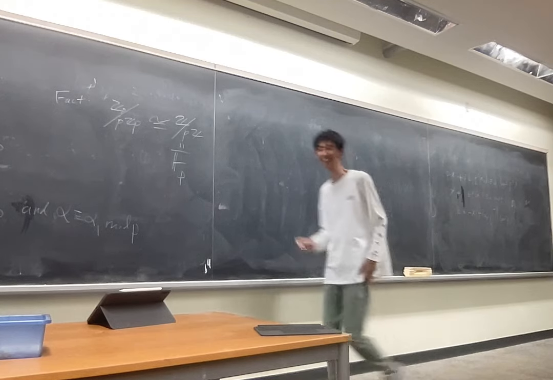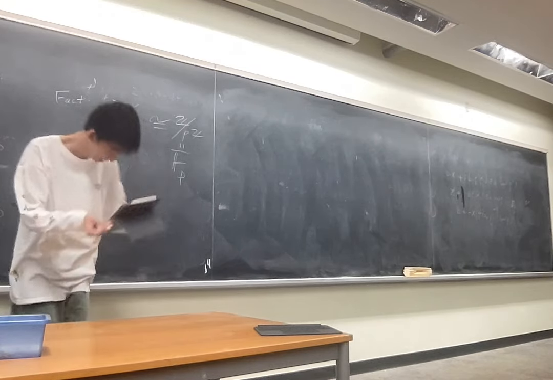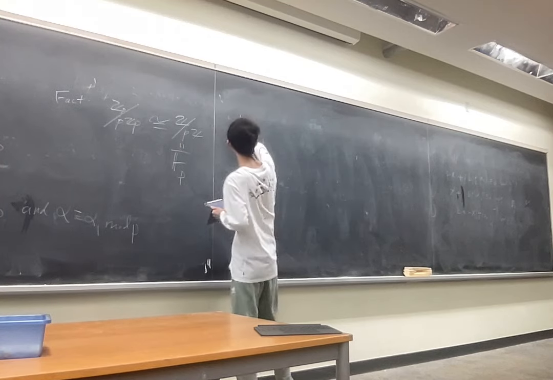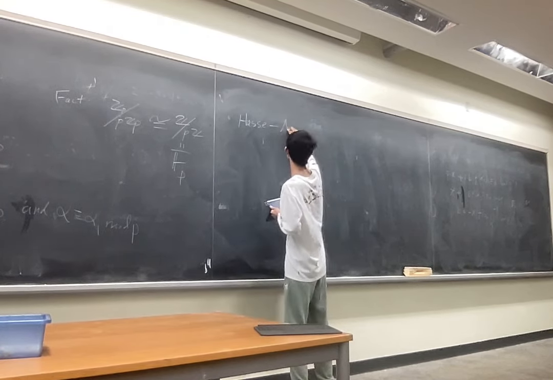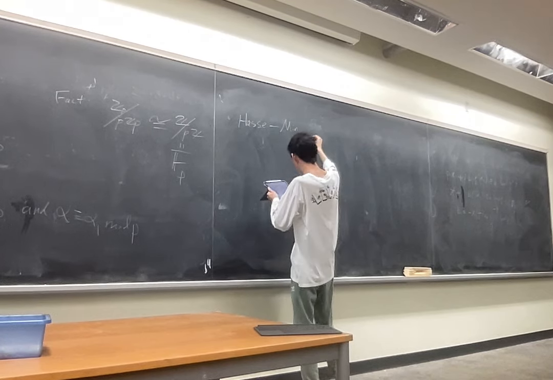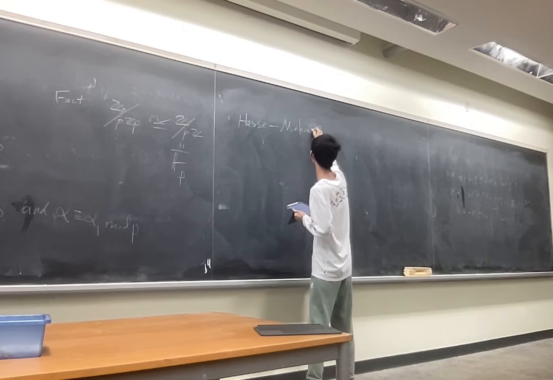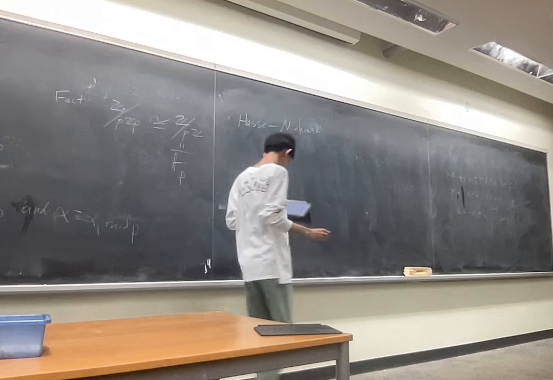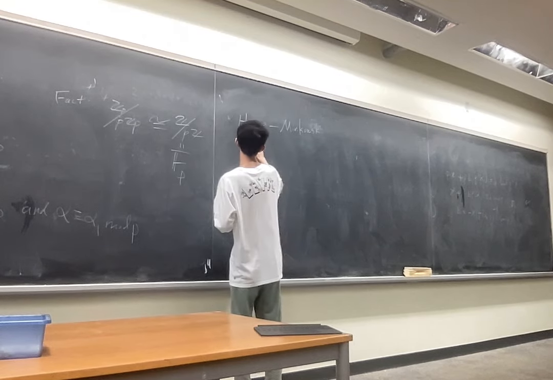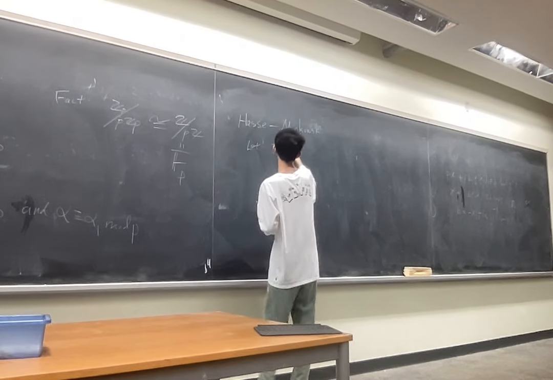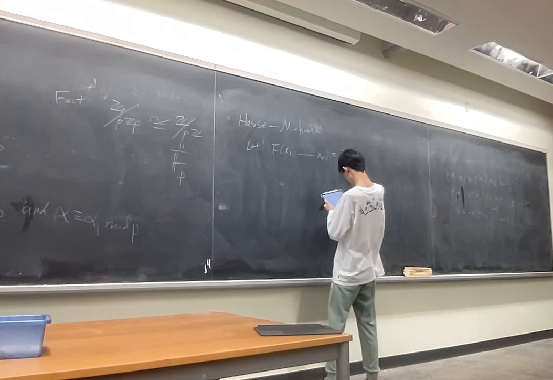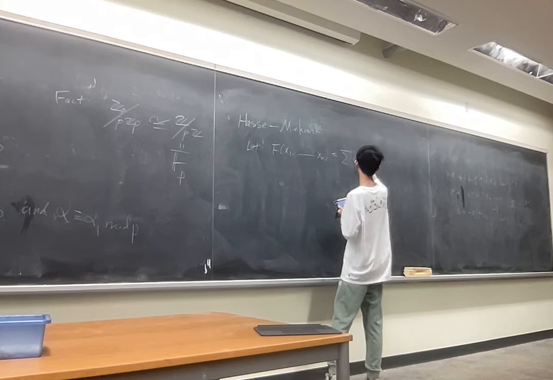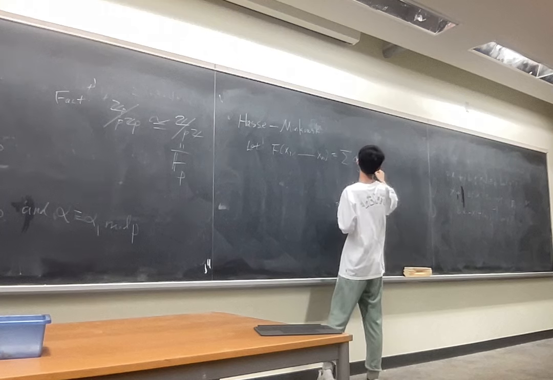Okay, let's talk about at least one theorem, which is cool. This theorem is called Hasse-Minkowski. I don't even know the proof, but it's cool. The theorem says: let f of x1 up to xn be something like the summation of c_ij x_i x_j.